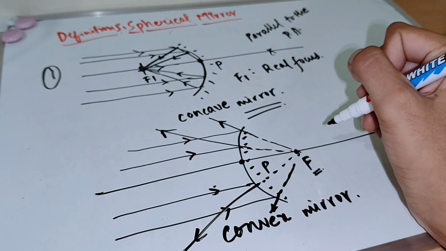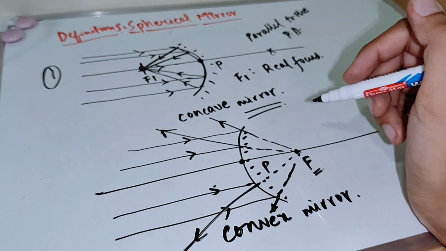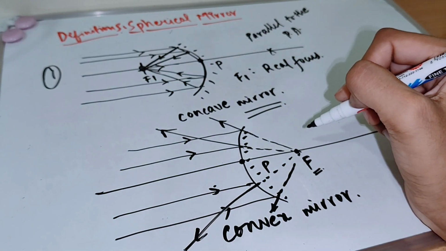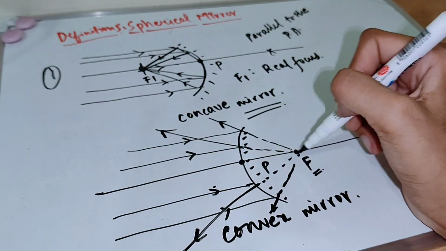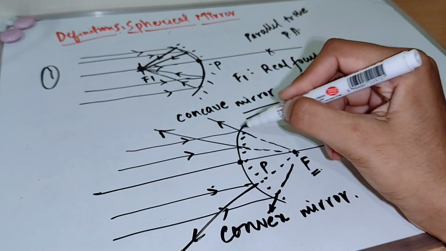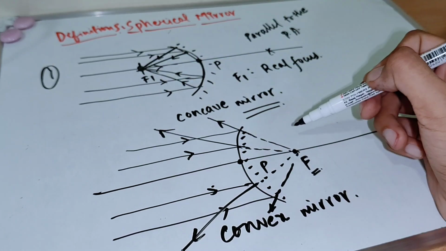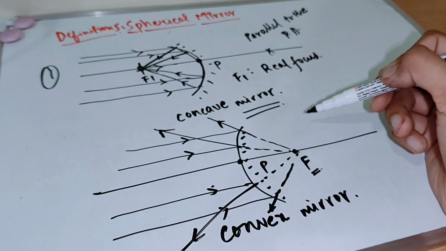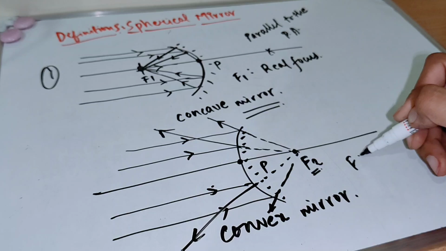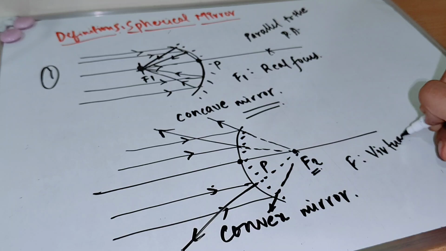I'm not saying it is the center of curvature, it is on the side of the center of curvature. So I have bent it in such a manner that if I extend it in my brain, imaginary, then it will meet at the focus. So that is how I sent my beam of light. It came like this and then went away like this. Since it is just our imagination that these lines meet at some point, F2 is not the real focus, it is the virtual focus.